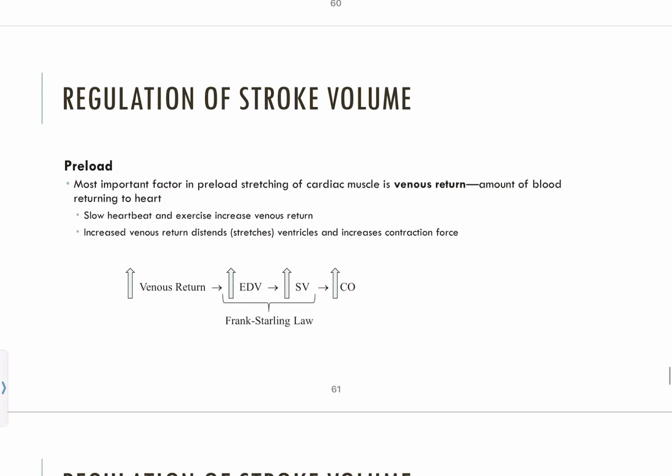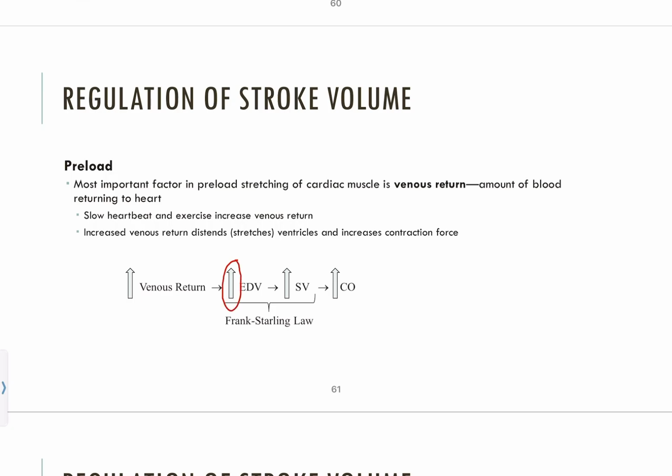So that's kind of what it's showing you here. We're increasing the amount of venous return, or the amount of blood we are bringing back to our heart. If we increase the amount of blood we're bringing back to our heart, that means we're going to increase the amount of blood we have in our ventricles. So we increase the end diastolic volume.